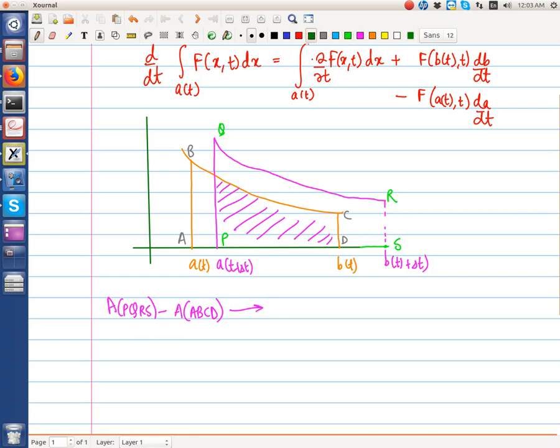It consists of ABQ'P, a loss of area; this area is lost. Okay, it involves a gain in area equal to Q'QRC. If I draw it like this, this area is gained, and appropriately area DCRS is also gained.